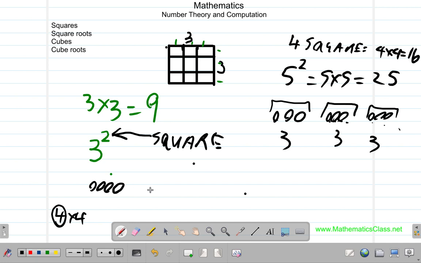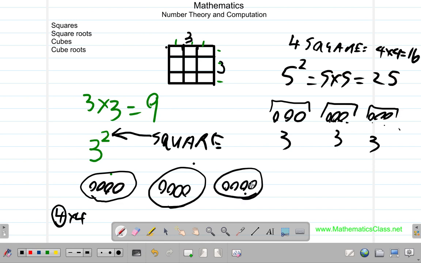So you have 4 bags of mango, with 4 mangoes in one bag. And you want 4 bags of it. How many mangoes do you have? 1, 2, 3, 4, 5, 6, 7, 8, 9, 10, 11, 12, 13, 14, 15, 16 mangoes. So 4 times 4 is 16.